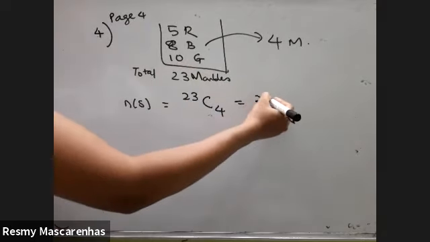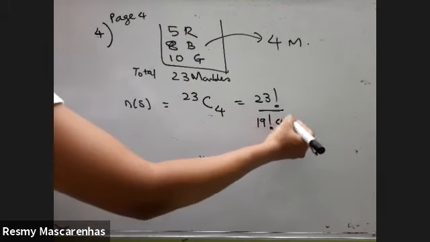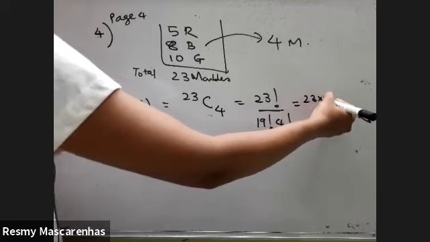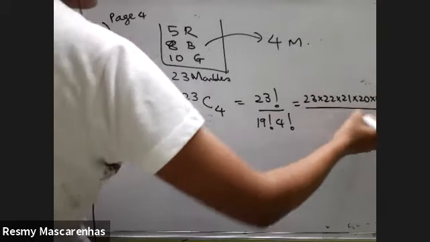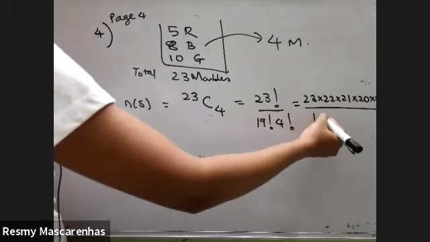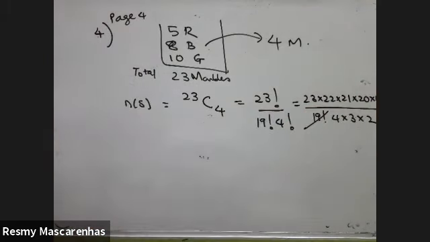So this will be 23 factorial upon 23 minus 4, that will be 19 factorial into 4 factorial. 23, 22, 21, 20, and then 19 factorial. Okay, and then you cancel and calculate how much you're getting.